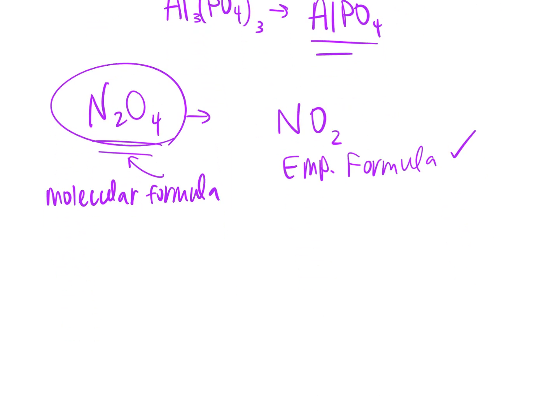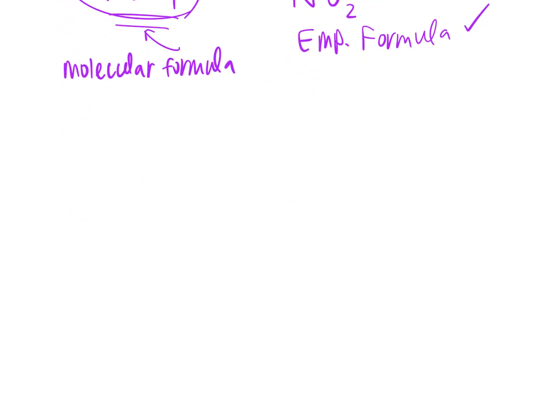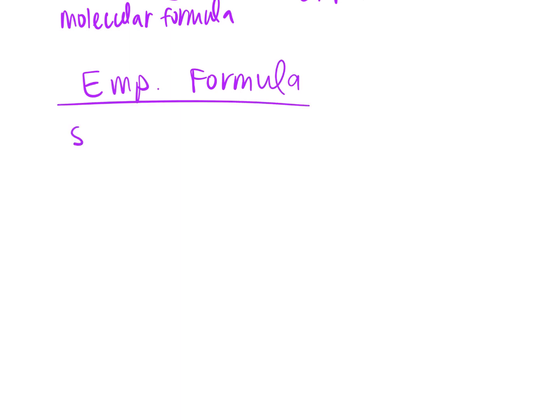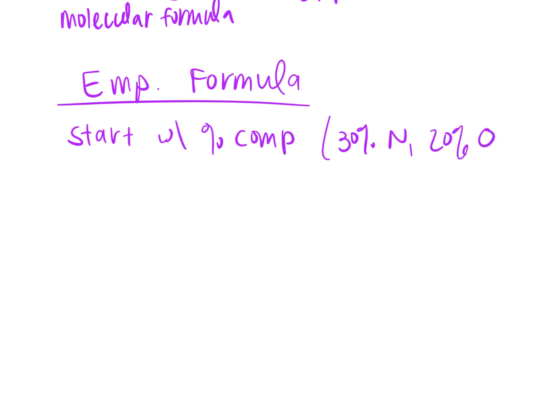So the way we start with an empirical formula is we start with its percent composition. I'm going to give you a list of steps that we're going to follow, and then we're going to put those into practice with an example. So for an empirical formula, we're going to start with percent composition. What that means is it might say it's 30% nitrogen and 20% carbon or oxygen or whatever, et cetera.